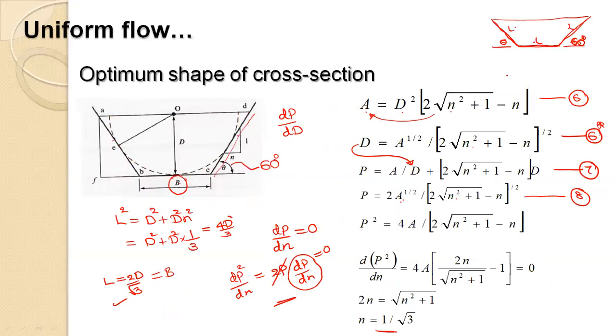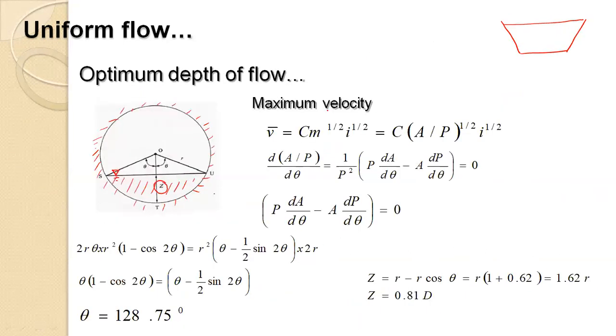Now, if you take the circular section, the velocity is given by the Chezy formula, and the discharge is given by area into this velocity. So you have A C, A divided by P to the power of half, I to the power of half.